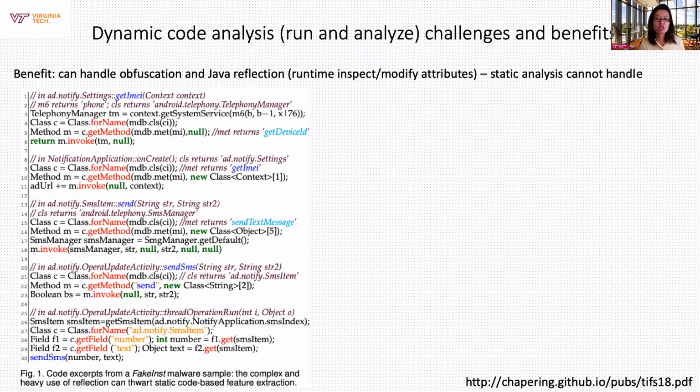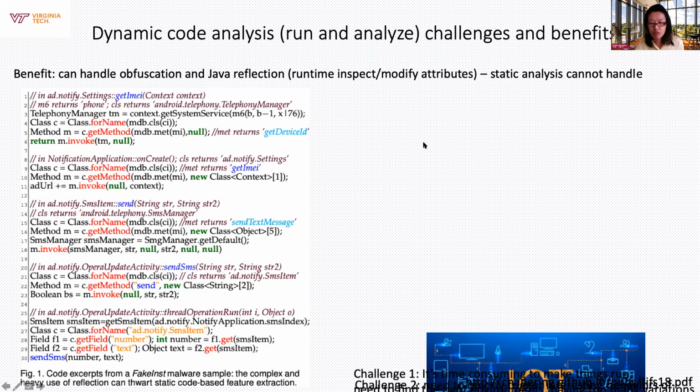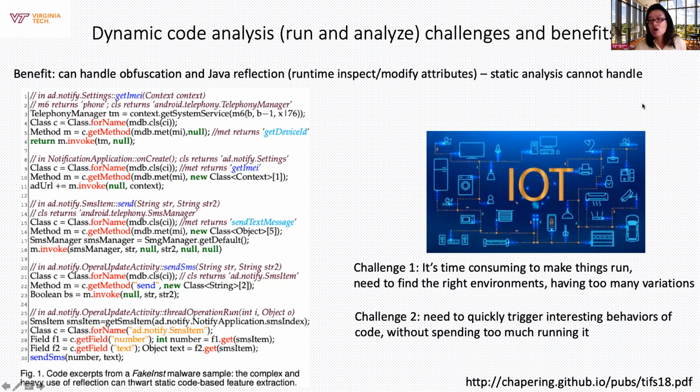That information will really depend on the actual object being passed into this get method call, or get field. And statically, you don't know what information gets passed. So the nice thing about dynamic code analysis is that you will be able to know it, because you're going to run the code.